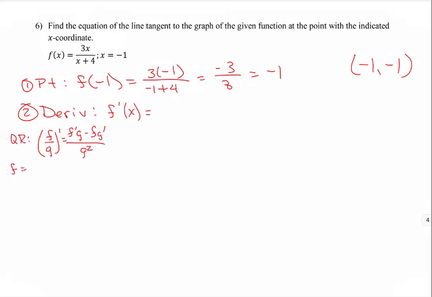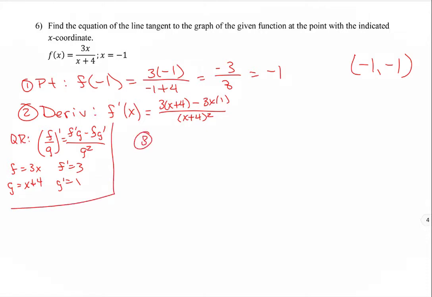So f equals 3x, so f prime equals 3, g equals x plus 4, so g prime equals 1. So this will be 3 times (x plus 4) minus 3x times 1, all over (x plus 4) squared.